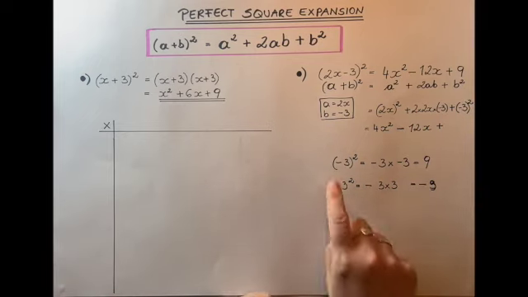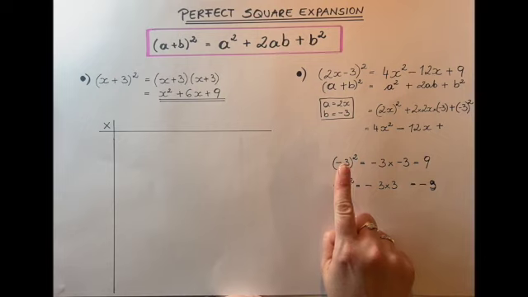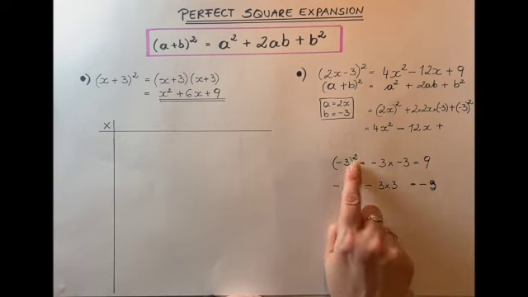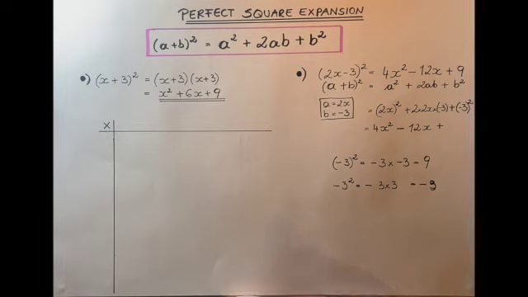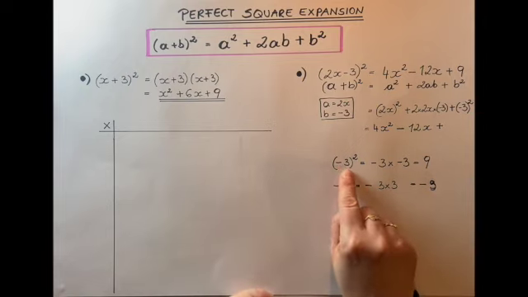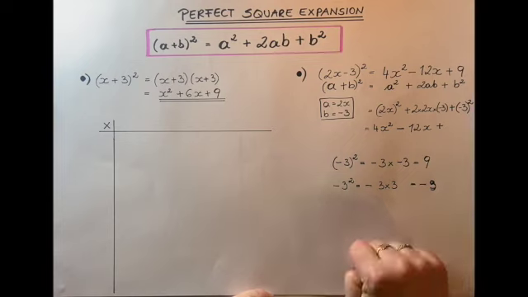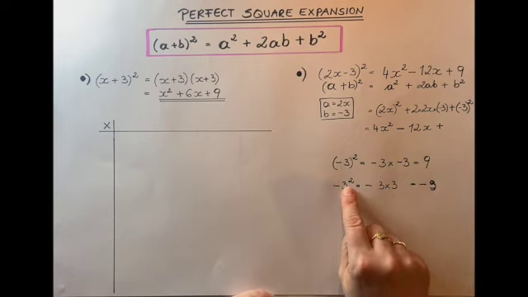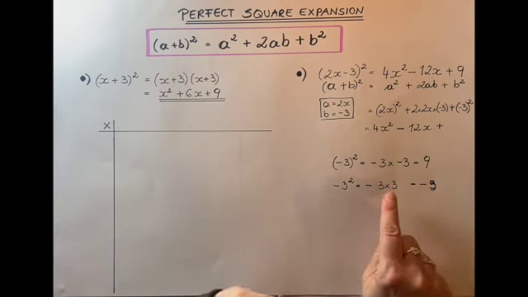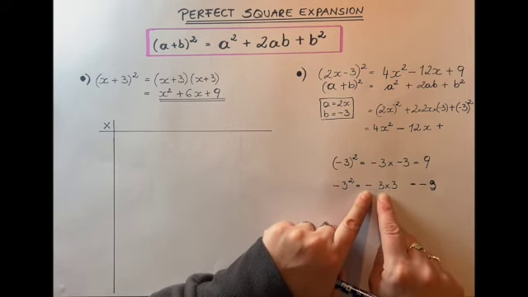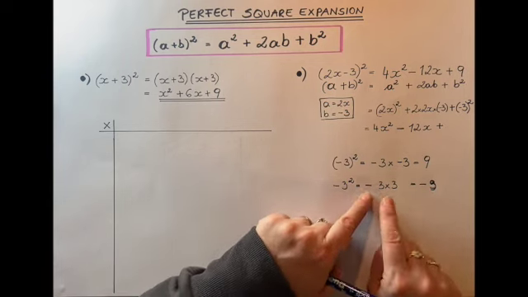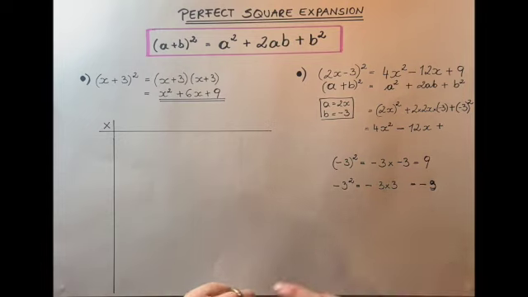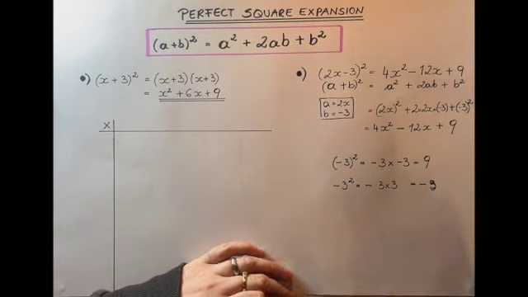So please be very careful when you have negative numbers. It's safe to put them in brackets so that you don't get the wrong result with the calculator. You need to multiply negative 3 times negative 3. So we have here final answer plus 9.